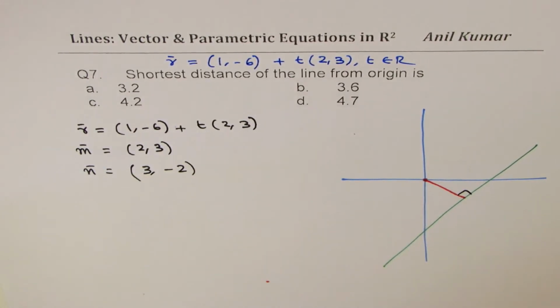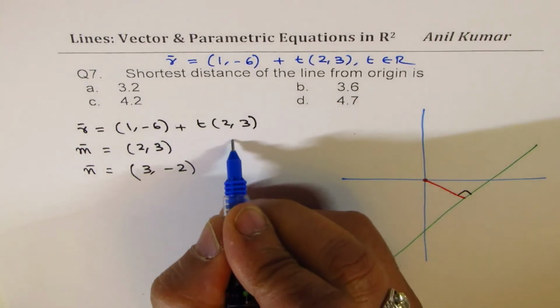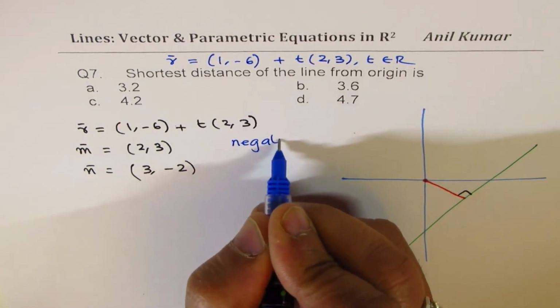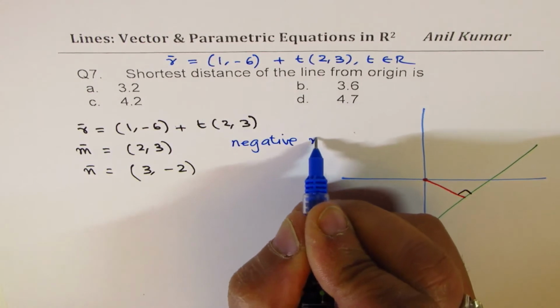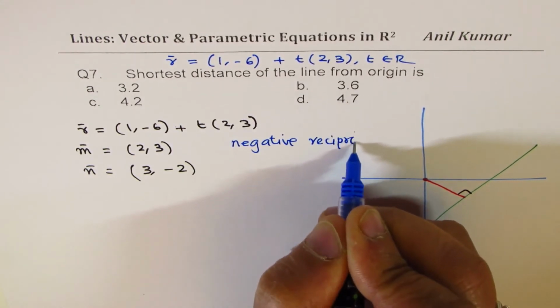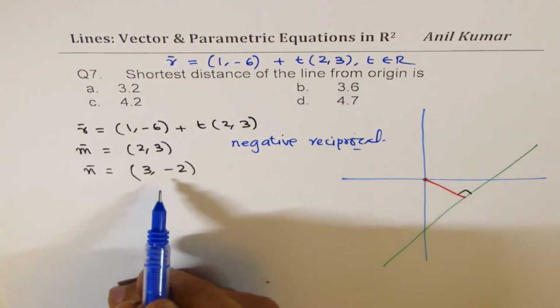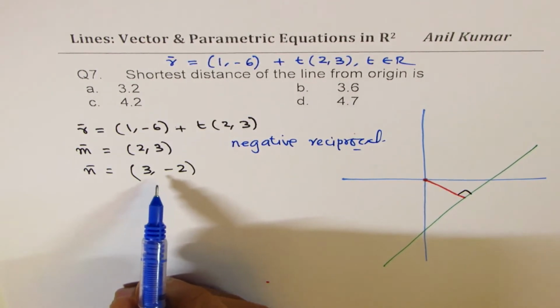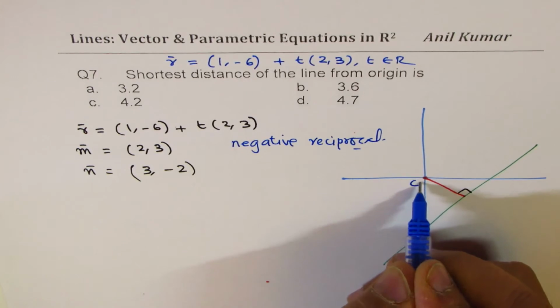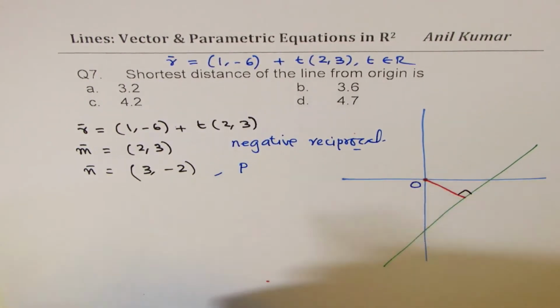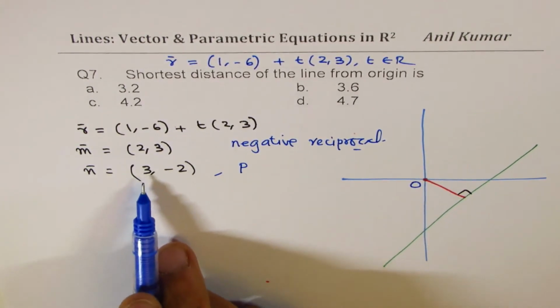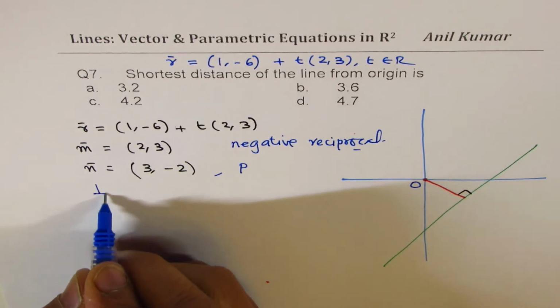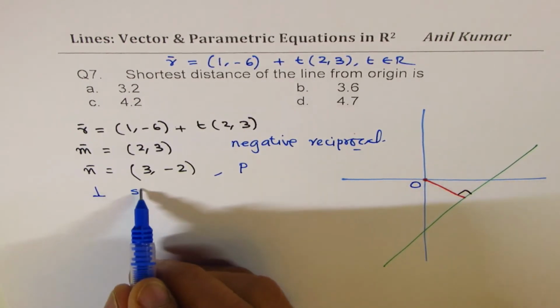I hope you remember. A perpendicular line has the negative reciprocal slope. So that helps you to get the normal very easily, right? So that becomes the normal of the line. And we know the origin is a point on this line, correct? So for our perpendicular line, we know the slope is what?